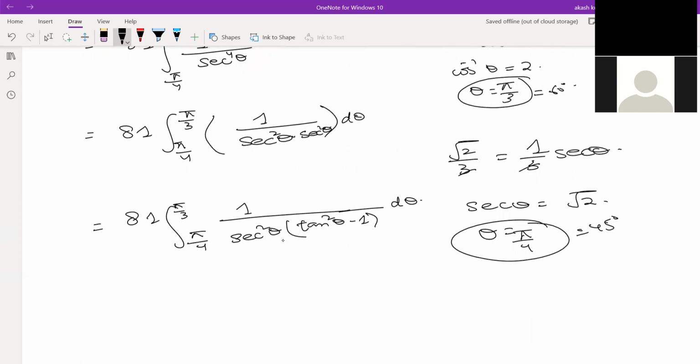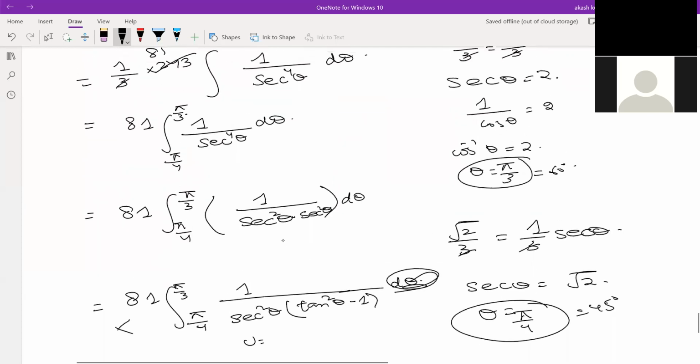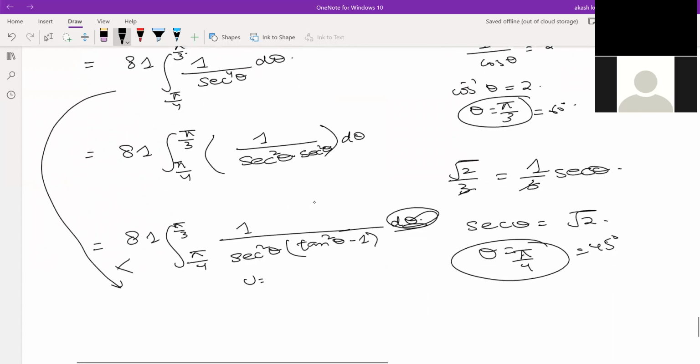Because if I take my u as tan, then my d theta is in the numerator side. So I can't apply u substitution here. From here, I have to find out some other identity.